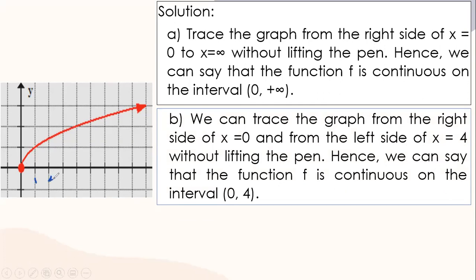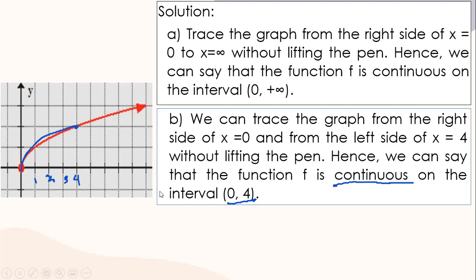So 1, 2, 3, and 4. So from 0 hanggang aabot tayo sa x equal to 4. Okay, so wala tayong na-encounter na interruption, hole, or any jump. Okay, so hence we can say that the function is continuous on the interval 0 to 4.